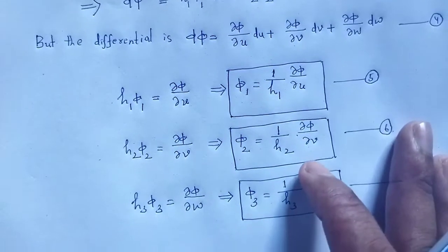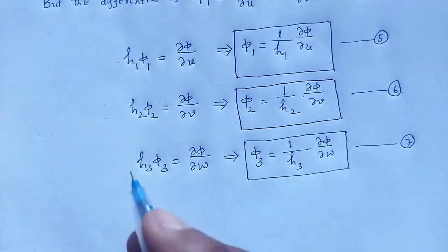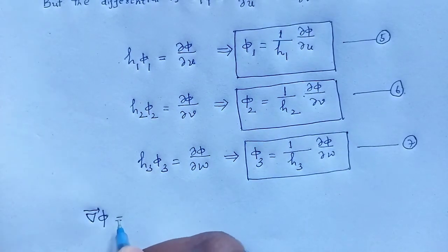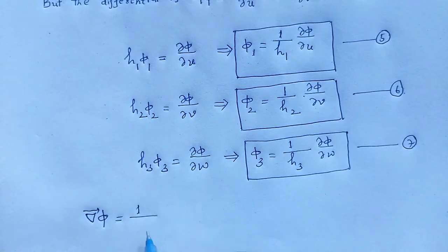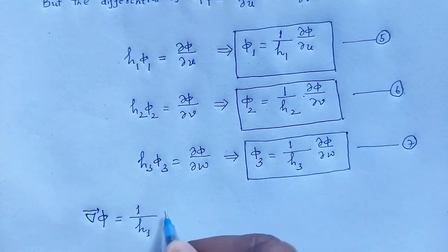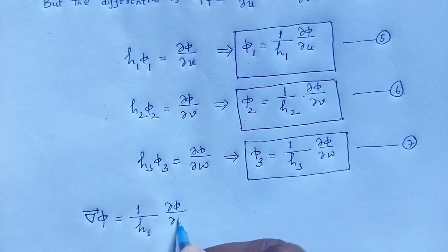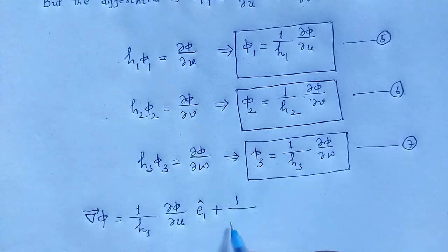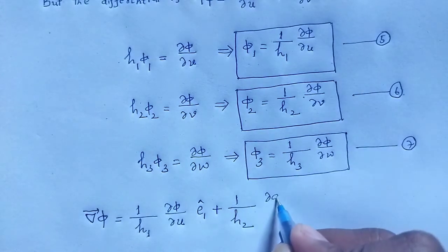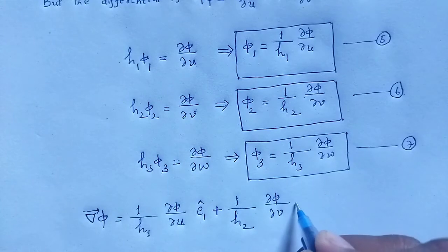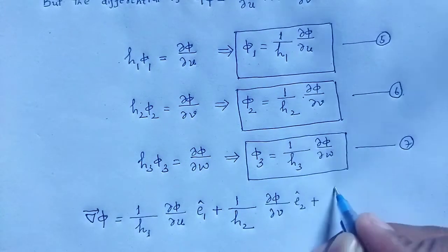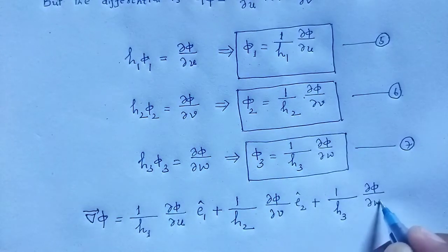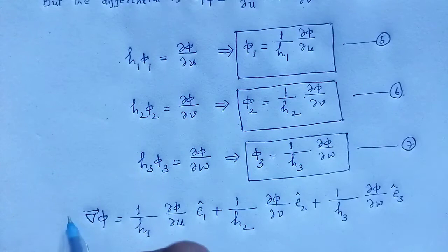Putting these values in equation 1, finally we get grad of phi is equal to 1 by h1 del phi by del u into e1 cap plus 1 by h2 del phi by del v into e2 cap plus 1 by h3 del phi by del w into e3 cap.